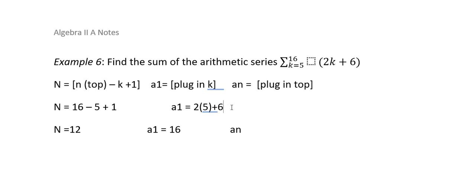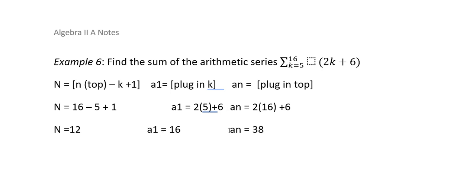So a sub n, we plug 16 into our function, 2 times 16 plus 6. So a sub n will be 32 plus 6, that will be 38. So we can find the sum.